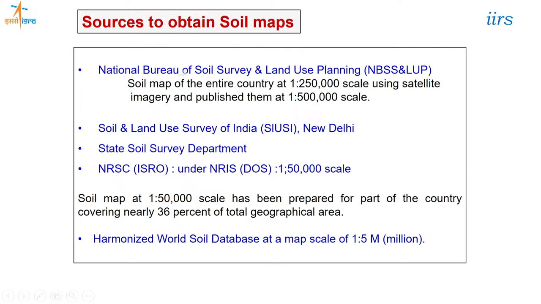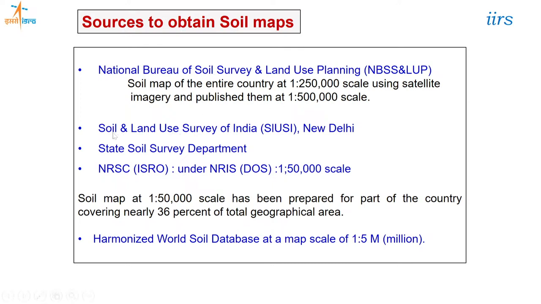One is the National Bureau of Soil Survey and Land Use Planning, which has mapped the entire country at 1:250,000 scale using satellite data and published this soil map at 1:500,000 scale. This is available for the entire country. It is a small scale soil map.